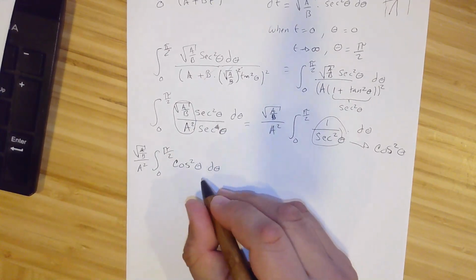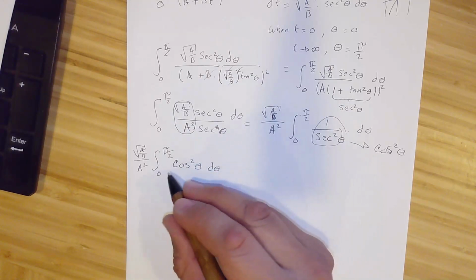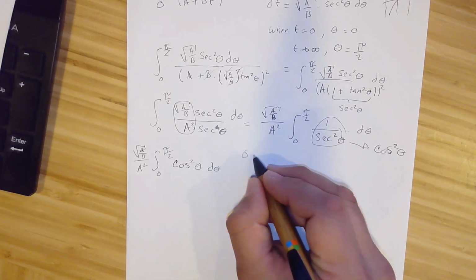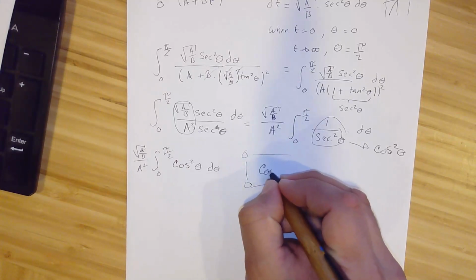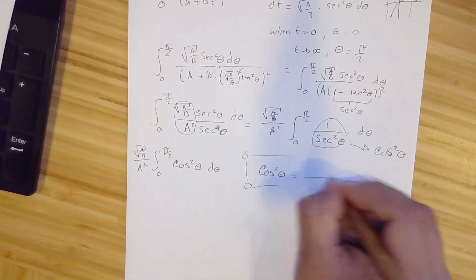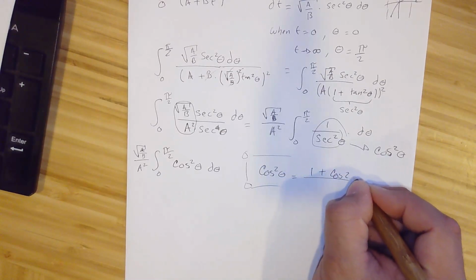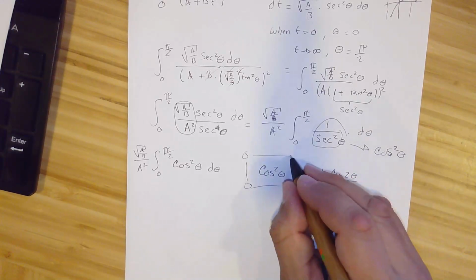And this is easy. I mean, this is actually an already known solution for the integral, but I will remind you of the steps here. You remember that cosine squared of theta is equal to 1 plus cosine of the double angle over 2, right?